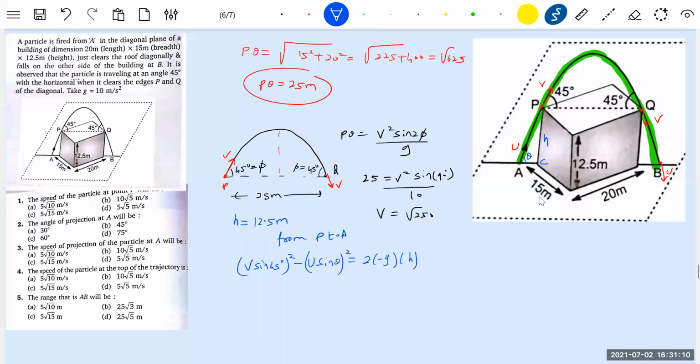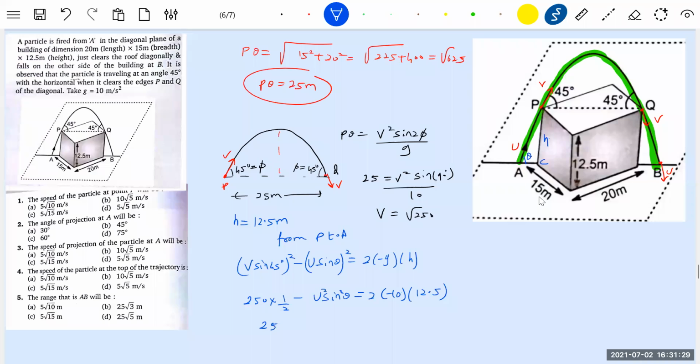V value we know, 250 whole square, so this will be 250 into 1 by 2, U square sine square theta, we don't know, let it be, minus 10 into 12.5.